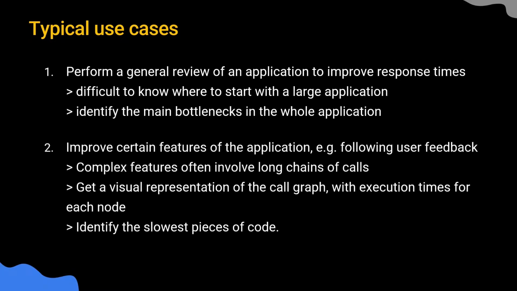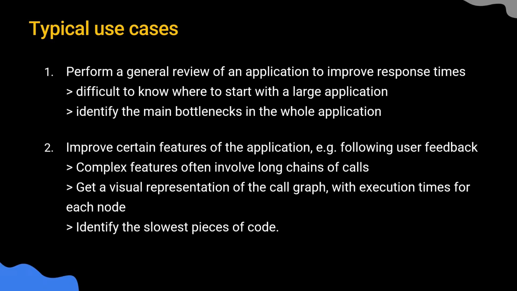The second typical use case is you may have to improve a certain feature of the application, in particular in the case of user feedback. You can have a user saying, anytime I'm clicking on this button, there's something going on in the background that is taking too long. Can you please improve that?